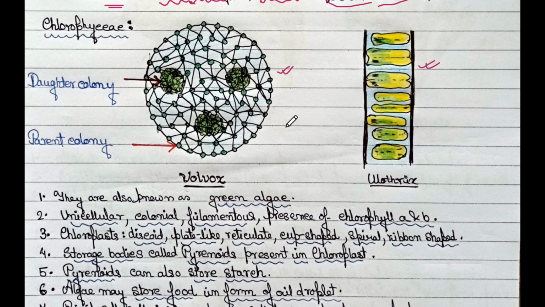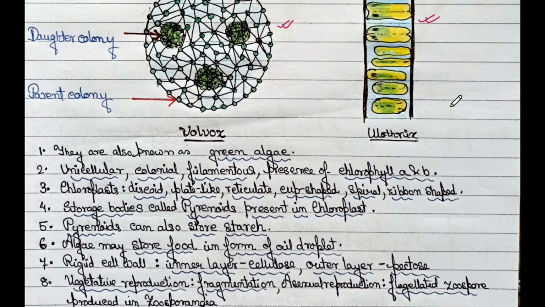Like before in the introduction, we came across this point that it can range from colonial form to filamentous form. So volvox exists in the colonial form. This bigger circle is the parent colony, among which there are small colonies known as daughter colonies. And Eulothrix, as we can see, exists in a filamentous form.